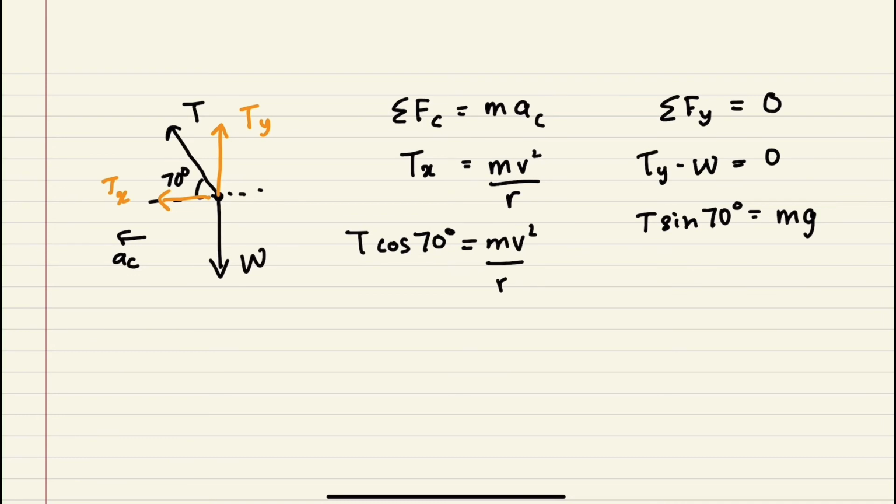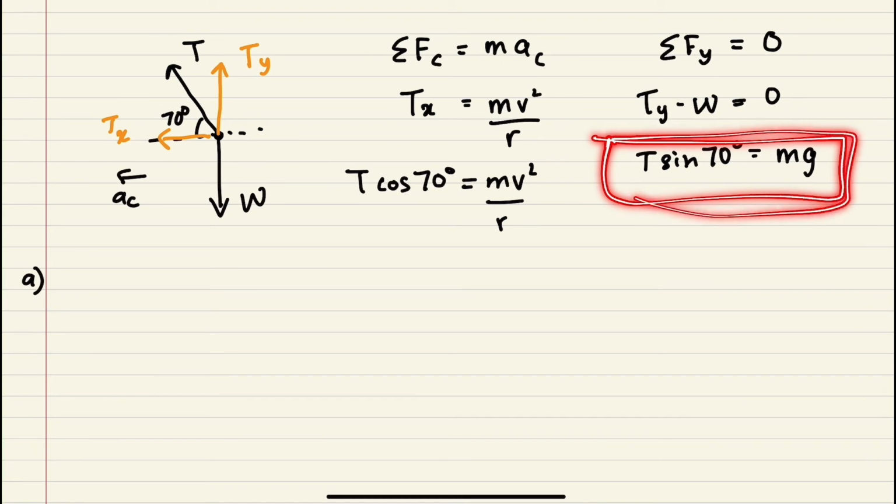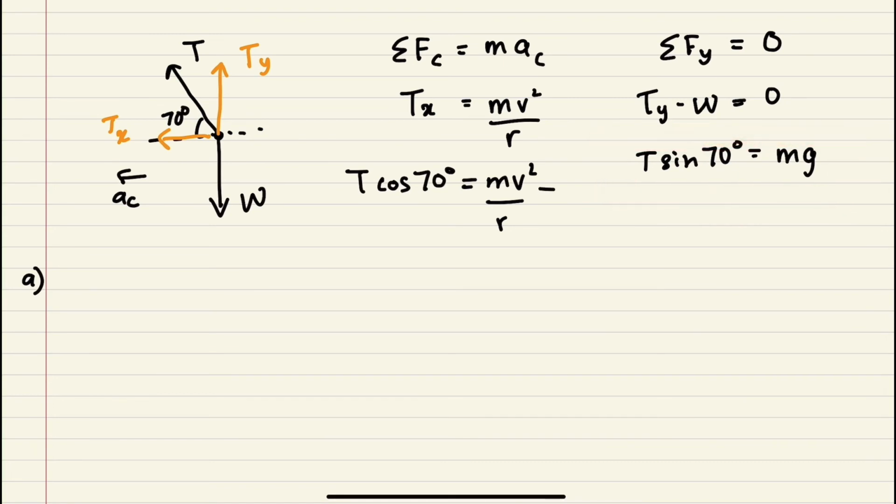Now the first question is to find the tension. You don't have the value for v yet, so you have to solve from these equations. Let's label them as 1 and 2. From the second equation, T is equal to mg divided by sine 70.